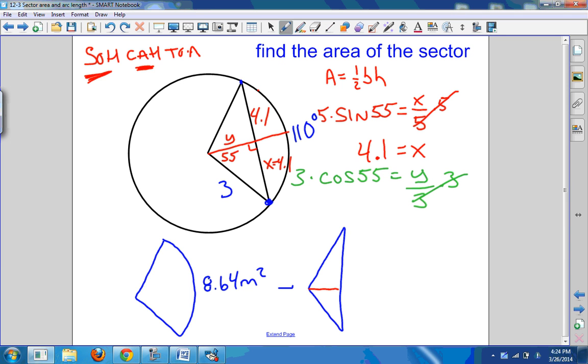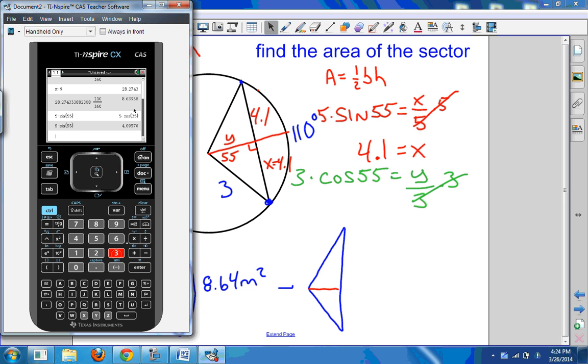3 times cos 55 is equal to, is that right? I don't think it did it correctly. Let's try it again. 3 times the cosine of 55 is equal to 1.72. Looks better.